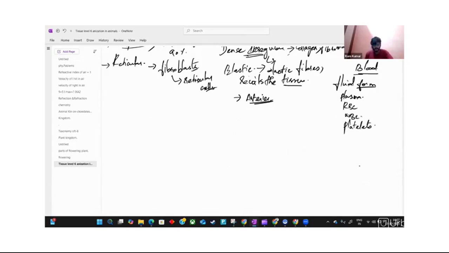Its main function is as a transport medium for the cardiovascular system, carrying nutrients, waste, respiratory gases, etc. throughout our body. Okay, so the third one is muscular tissue.